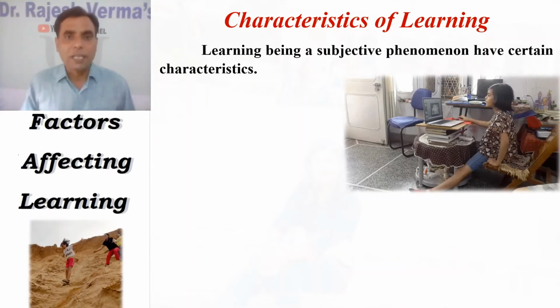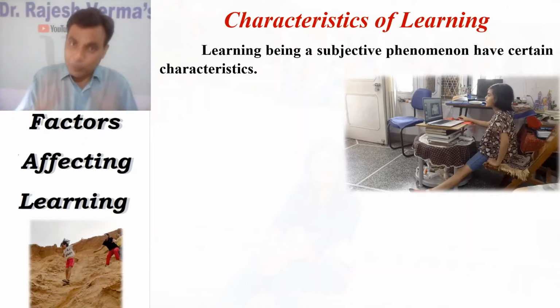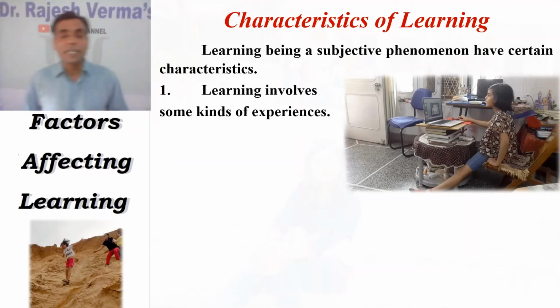So first, learning is a subjective phenomenon, and being a subjective one, it has certain characteristics. The first one is that learning involves some kinds of experiences. Without experiences, without practice, learning is impossible. Learning is not feasible. Some kind of experience we must have to learn something.